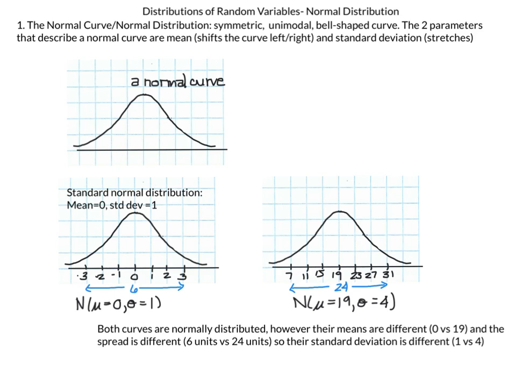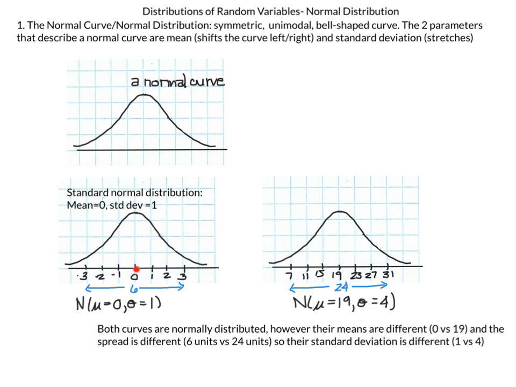And this is a probability distribution, meaning this axis will have different values. So maybe it has the values 0, 1, 2, 3, or maybe the center of this bell curve is 19, and if we're scaling by 4 units, 19, 23, 27, 31.